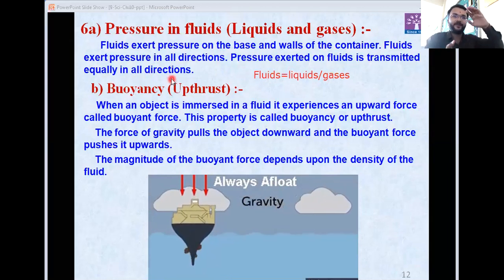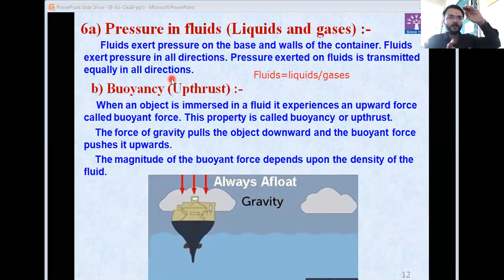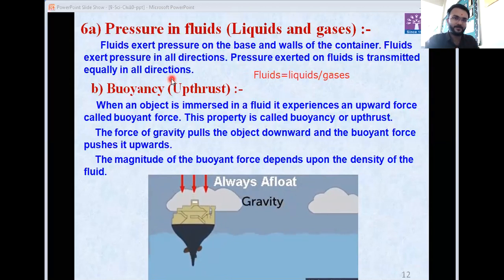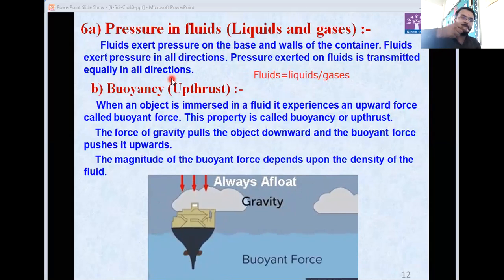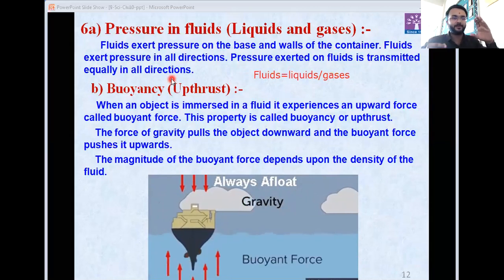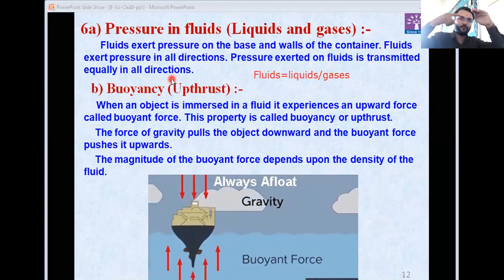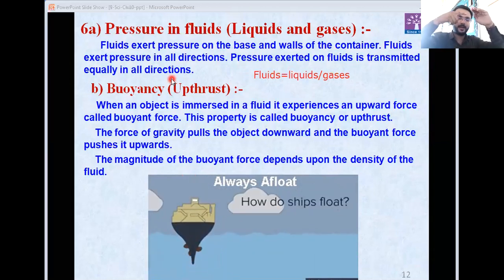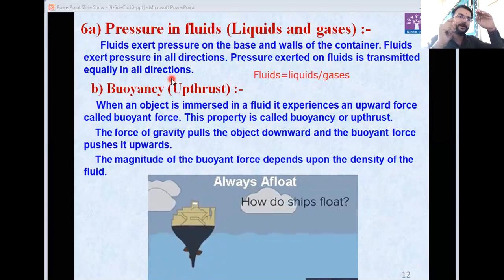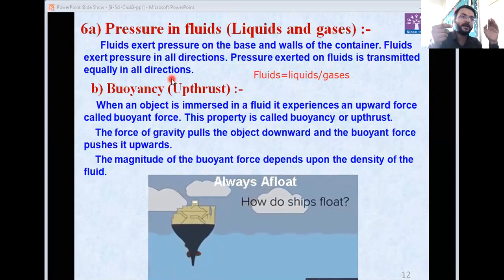Okay, if we have a bottle and in that bottle we have filled simple water, right? Now if we keep 2-3 bottles of the same type with the same level of water, in the first bottle we make a hole near the cap. In the second bottle we make a hole in the middle of the bottle, and in the third bottle we make a hole near the bottom.